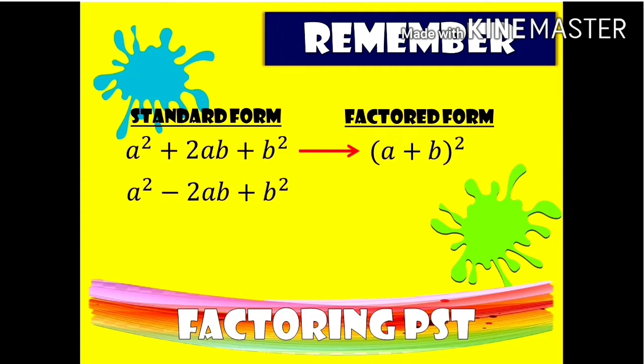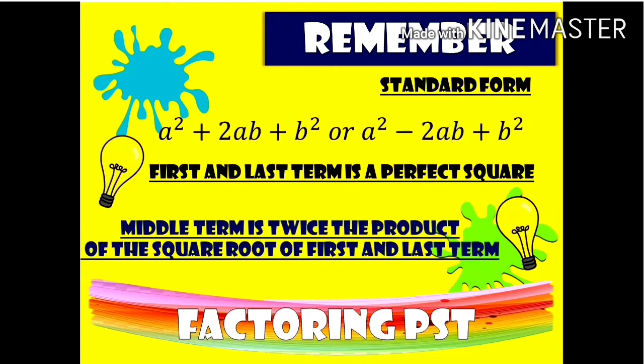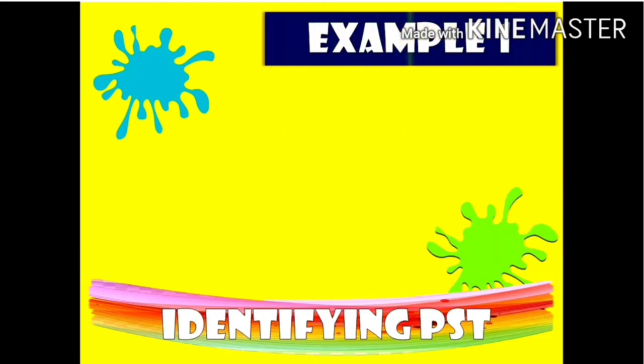And then, ang a squared minus 2ab plus b squared naman, ang factored form niya ay a minus b squared. If we take a look at the standard form, the first and last term is a perfect square, and the middle term is twice the product of the square root of the first and last term.